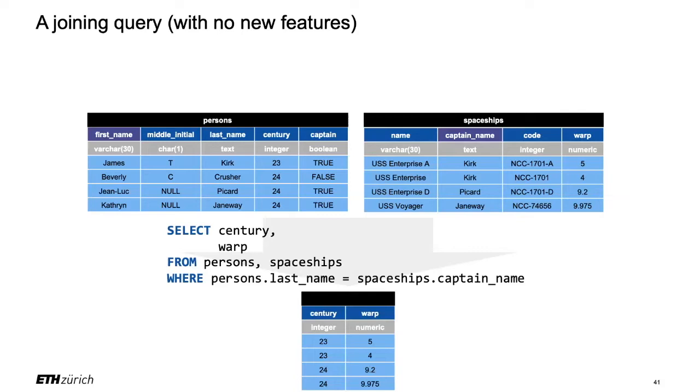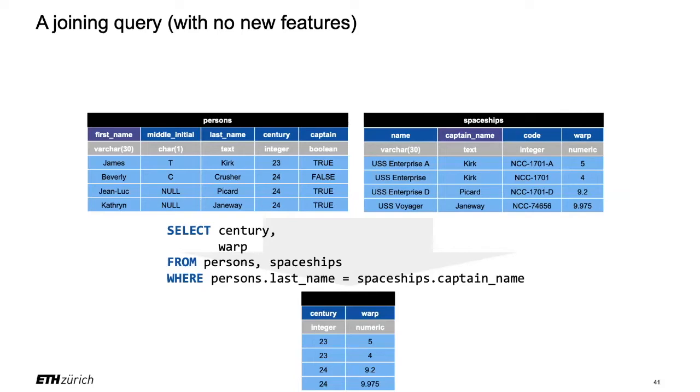And what you need to do to implement that push down is, instead of persons here, you open parentheses and nest another select from where. In that select from where, you will project to these two columns. Then you say as persons or whatever name you want to give, then comma, then again, instead of spaceships, you have a pair of parentheses. You put again the select from where, let me do it explicitly.